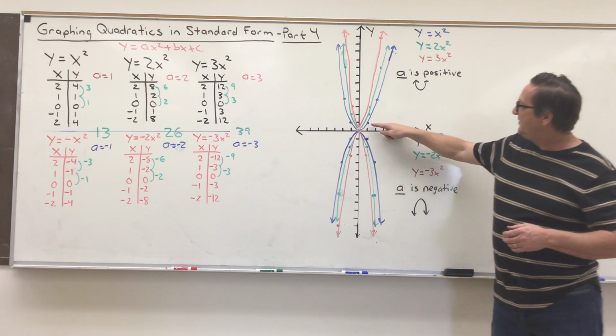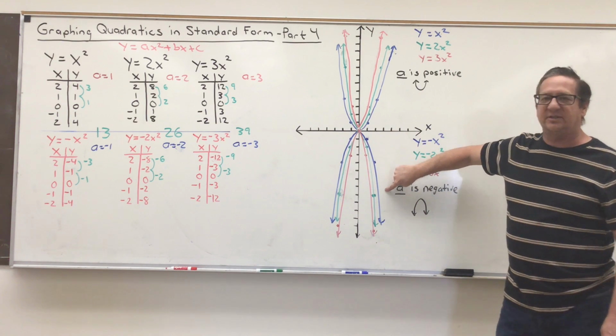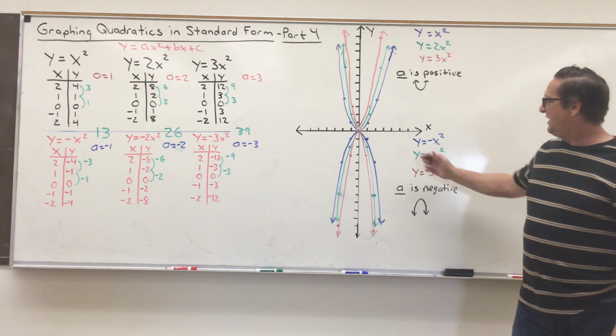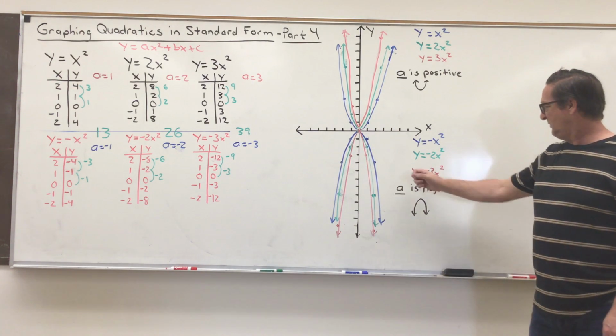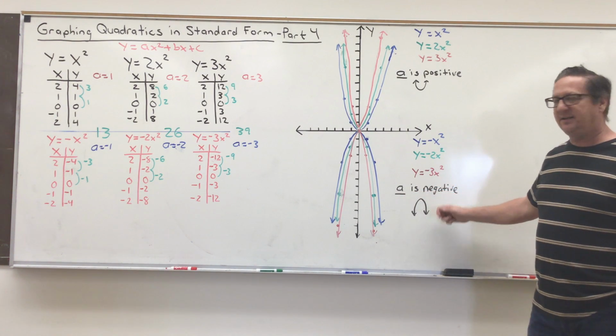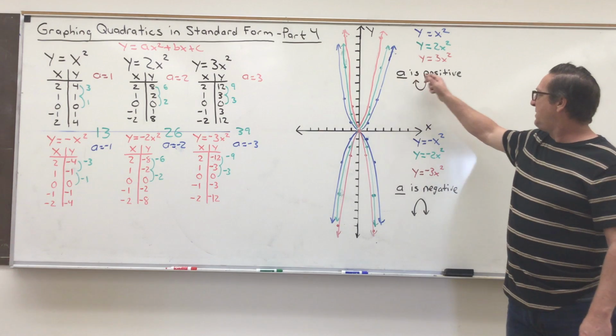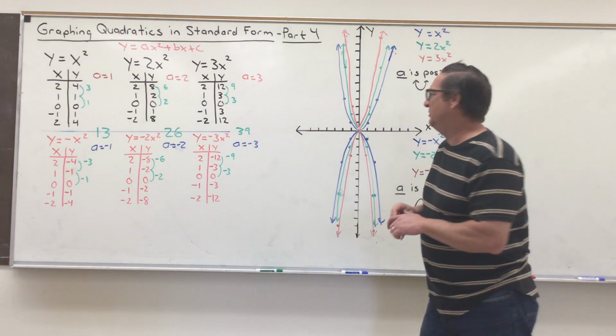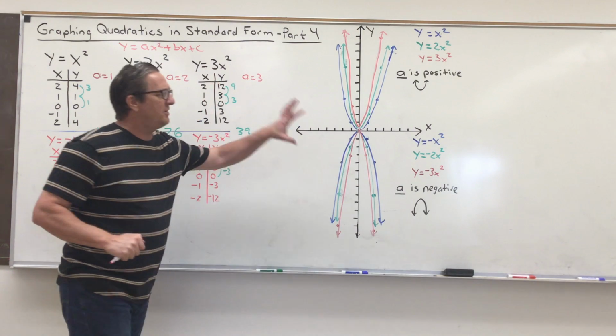When y equals negative x squared, it's a reflection over the x-axis. Then y equals negative 2x squared, then y equals negative 3x squared. So whenever a is negative, we go down, and whenever a is positive, we go up.